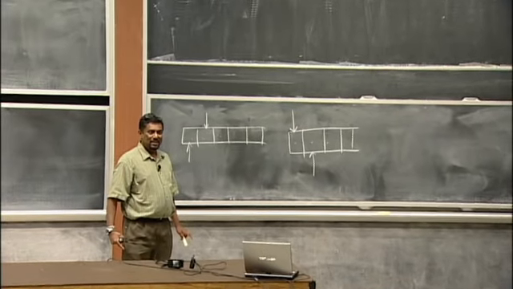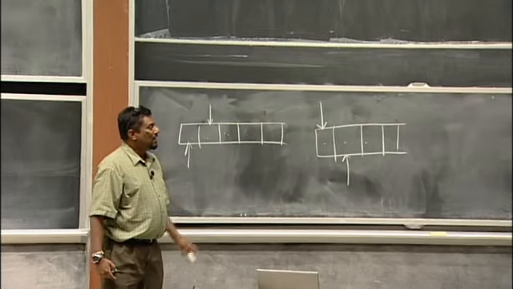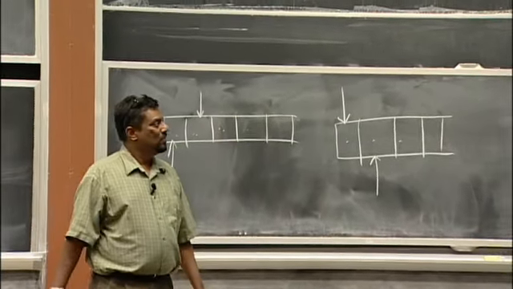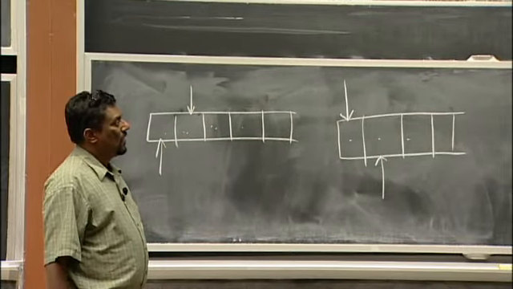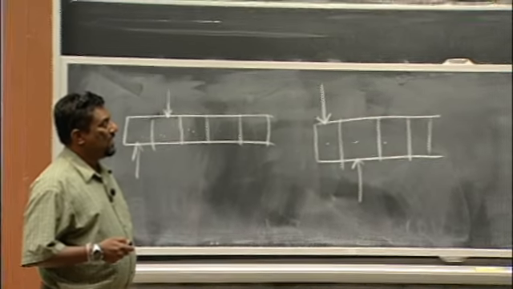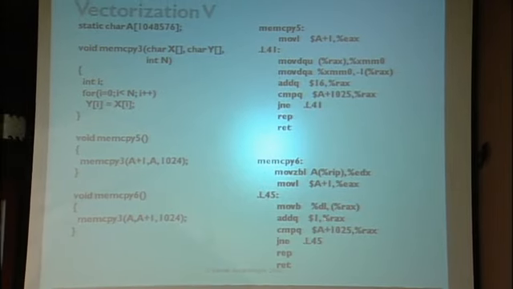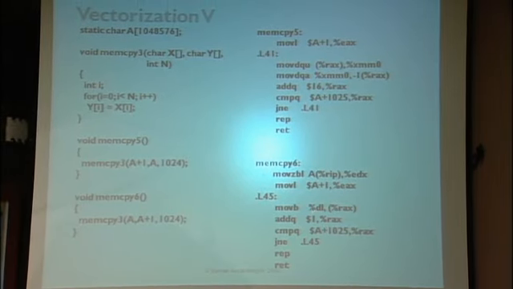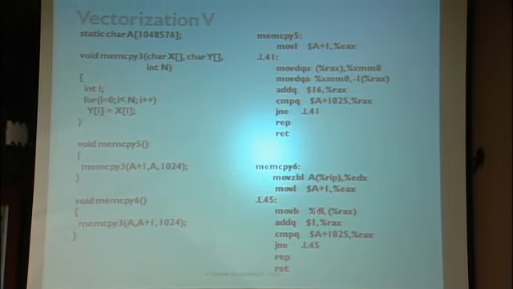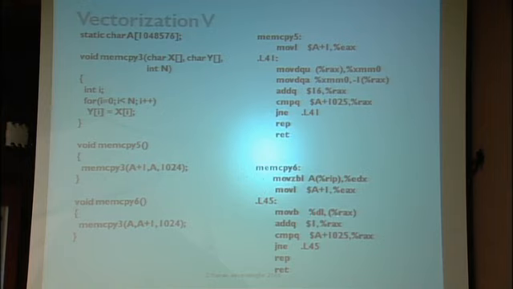Okay, do you see that? But what does the next one do? It uses MMX instead. What does this one do? Copying something from DL.